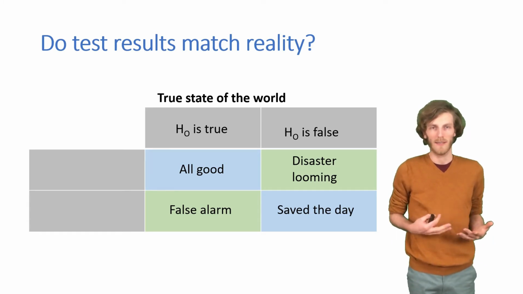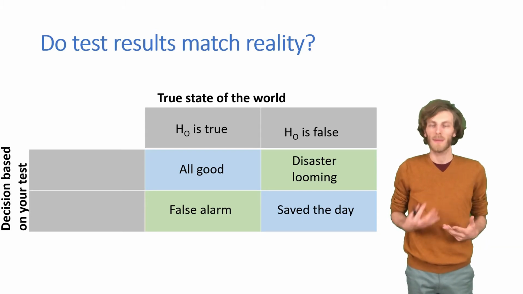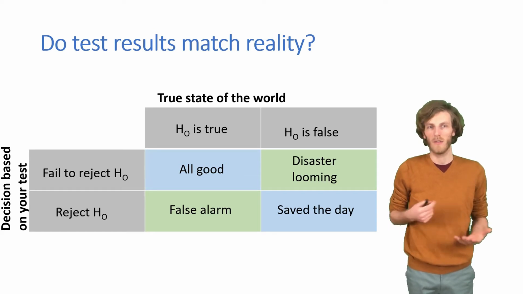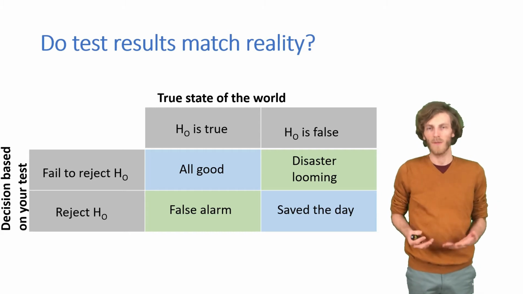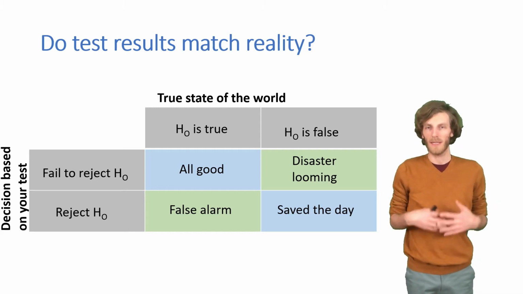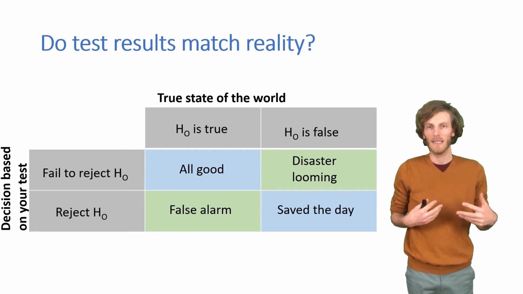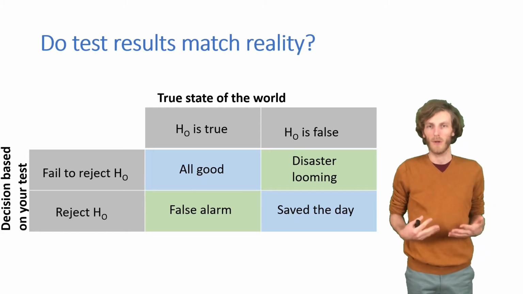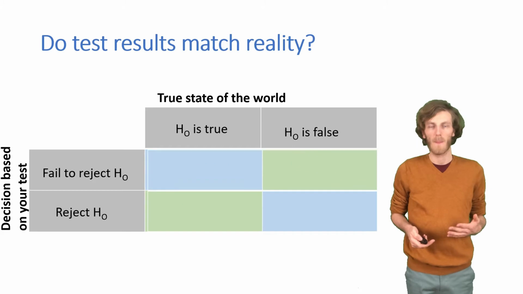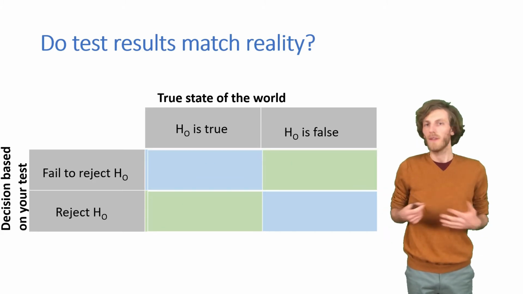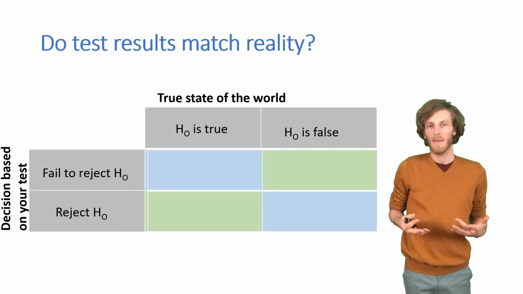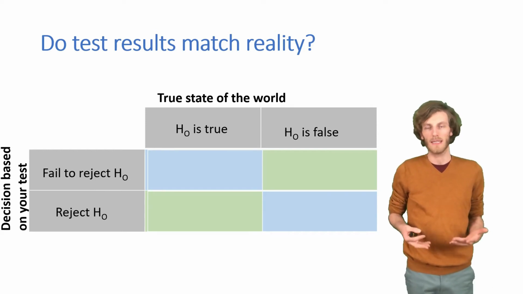In terms of the research we're doing, we run some kind of statistical test, and that test gives us license to either reject the null hypothesis or to retain it, to fail to reject it. So again, we have a decision criterion, we have a state of the world, and we have four possible outcomes. They now have specific terms, but their interpretation is quite similar to the case of the fire.